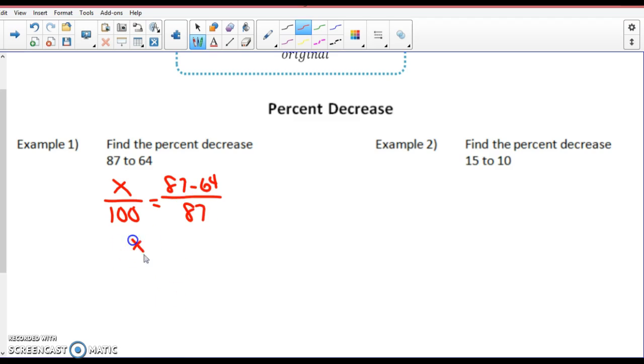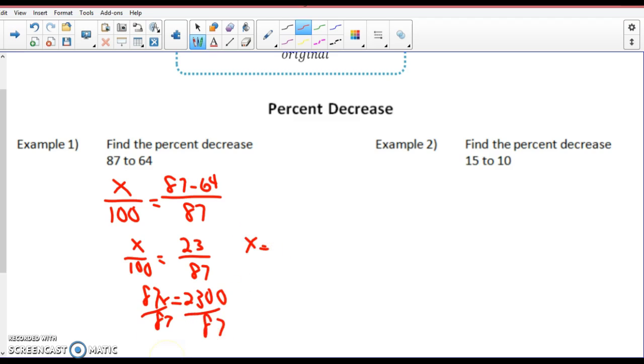So, I'm going to have x over 100 equals 87 minus 64 is 23 over 87. Cross multiply: 87x equals 2300, divided by 87. And by the way, feel free to use a calculator on these. 2300 divided by 87 is 26.4% decrease.